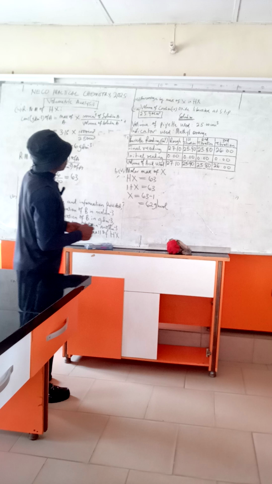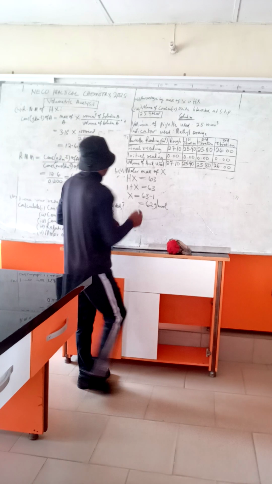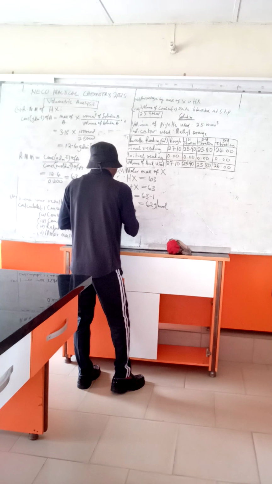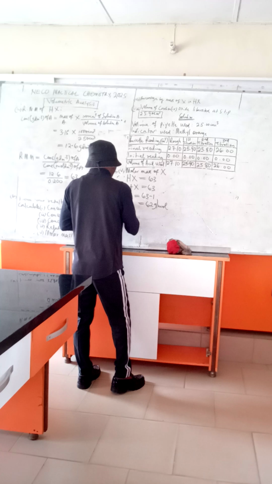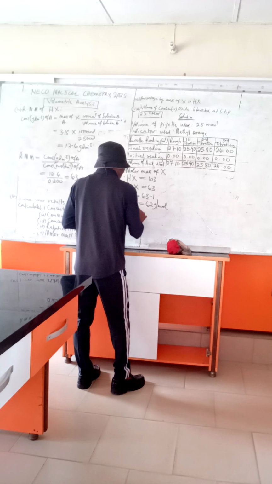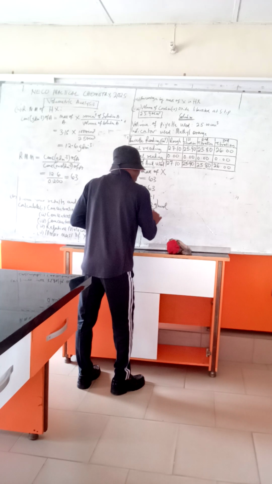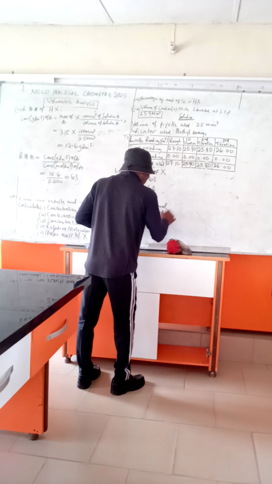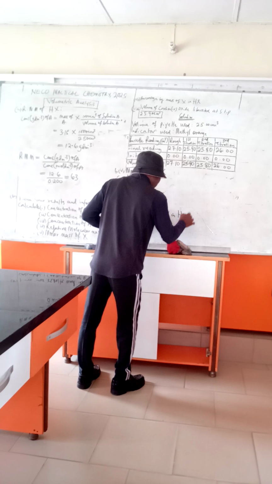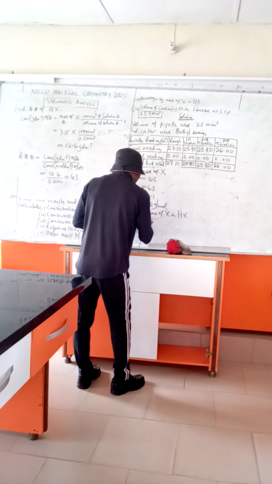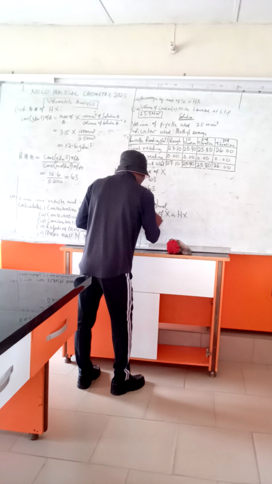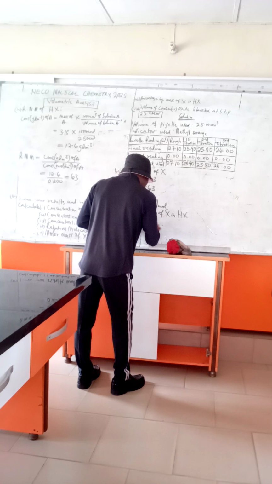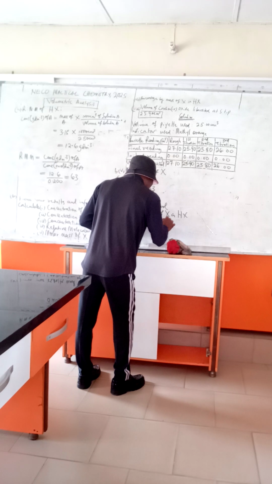Now, percentage by mass of X in HX, that is VII. Percentage by mass of X in HX, which will be equals to X all over HX multiplied by 100 over 1.